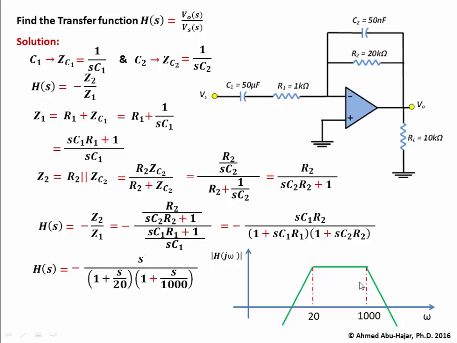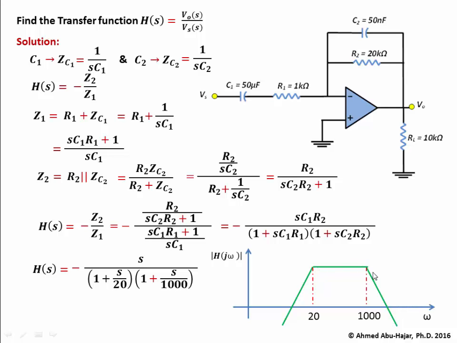Now keep in mind that these frequencies are in radian per second. When you convert them to hertz, the 20 radian per second is roughly going to be 3.2 hertz, and the 1000 radian per second is roughly going to be around 160 hertz. It is worth mentioning that the gain at the corner frequencies is actually 3 dB below the mid frequency gain.